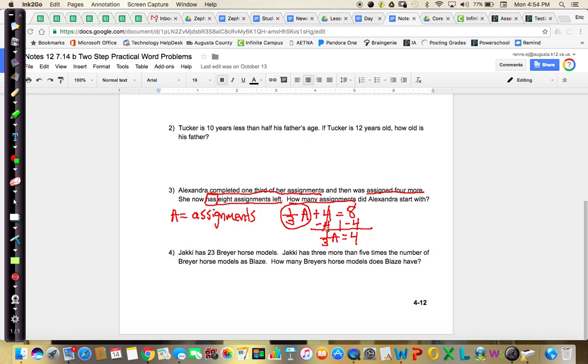Okay, now we've got to get rid of the fraction, so we use the reciprocal or the multiplicative inverse. And the multiplicative inverse of 1/3, of course, is 3 over 1, because I flipped it. But we all know that 3 divided by 1 is 3, so we can multiply both sides by 3. So 3 times 1/3 is a 1 in disguise, so A equals 12 assignments.